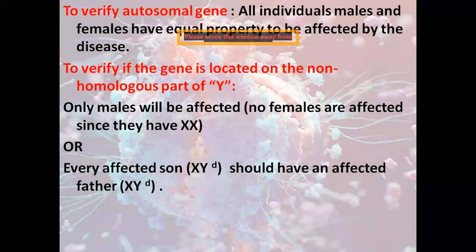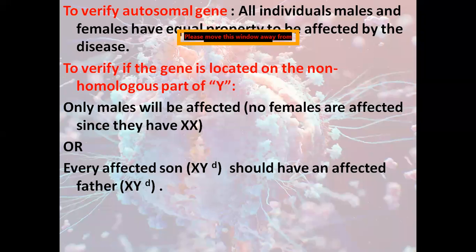So here, to verify if the gene is located on the non-homologous part of Y, as I said before, only the males will be affected. Why? Because the Y chromosome is found only in males.